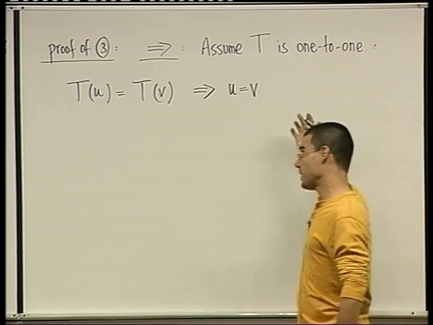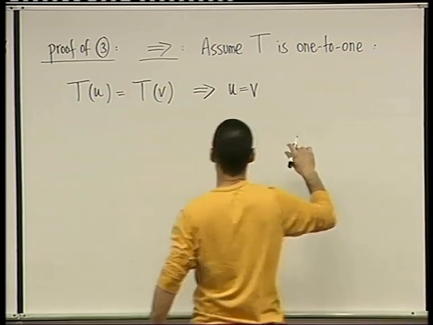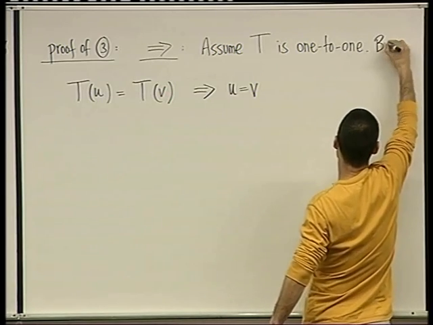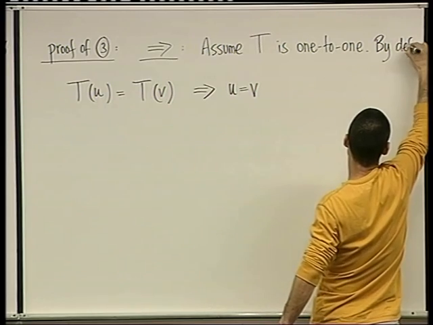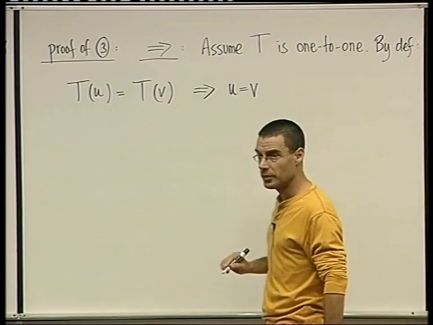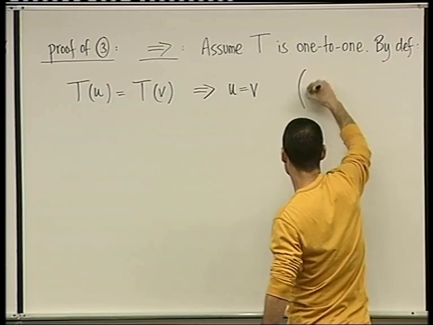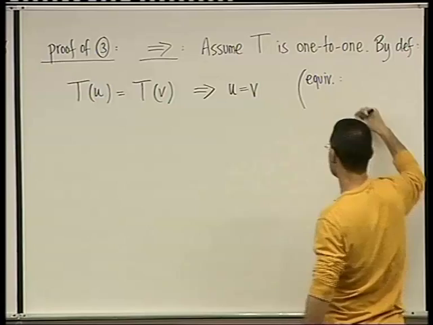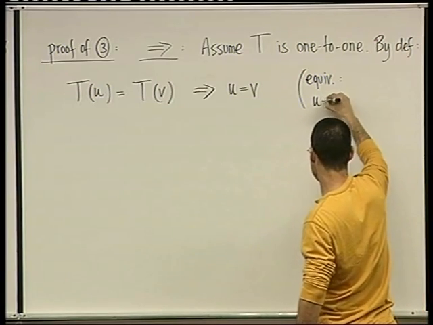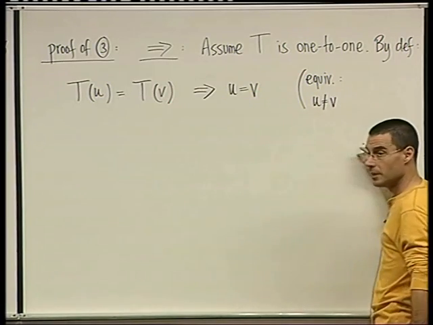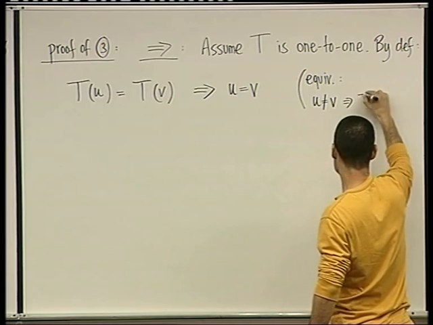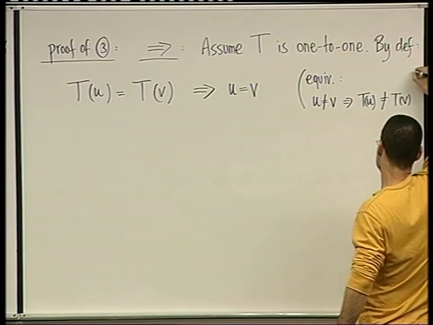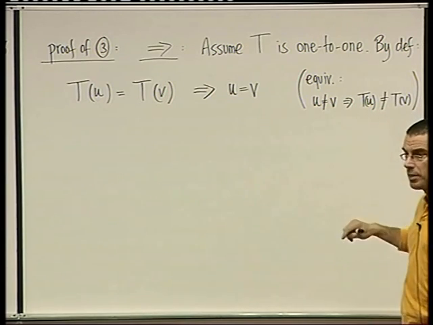A different way of saying this, so assume T is one-to-one. By definition, this is what it means. And a different way of saying the same thing is that if U is different than V, then T of U is different than T of V. This and this are the same thing.